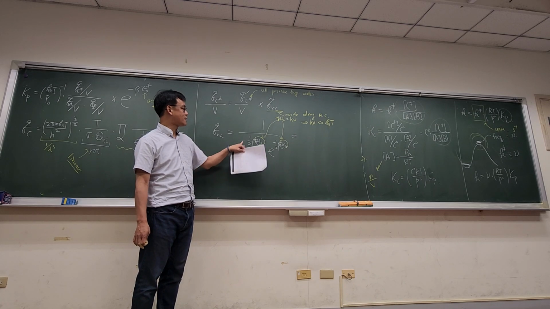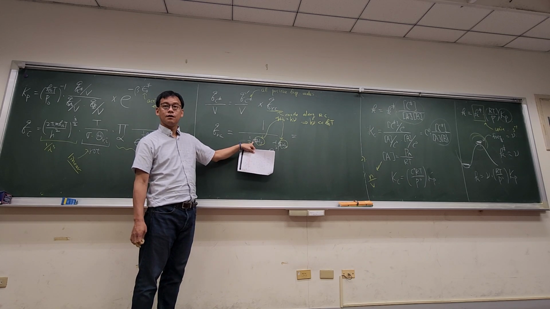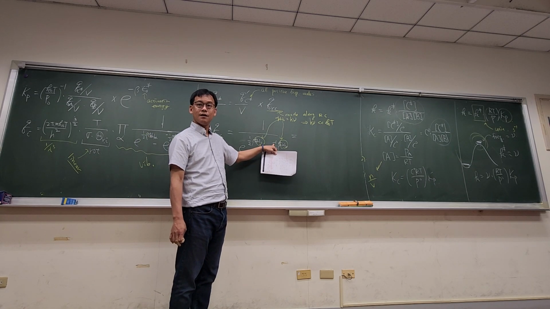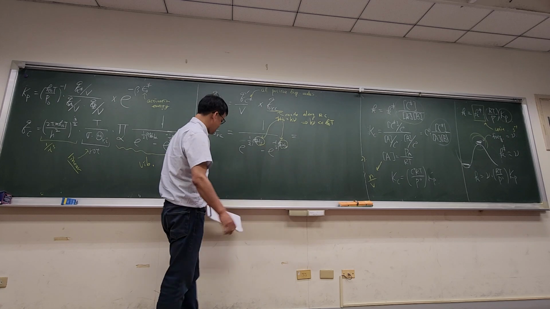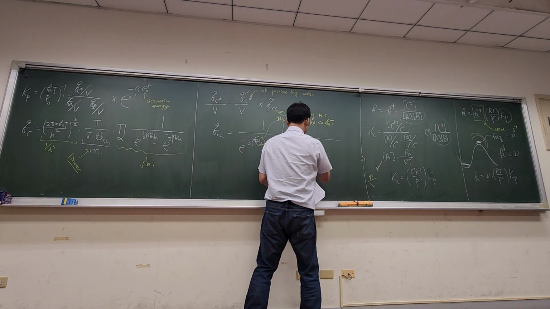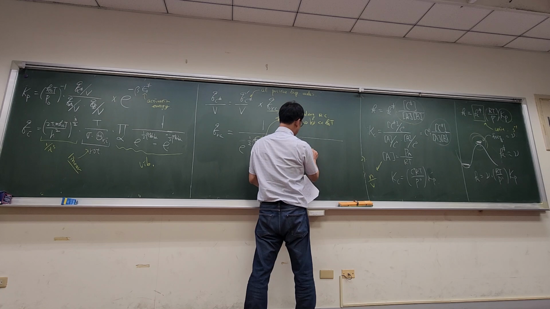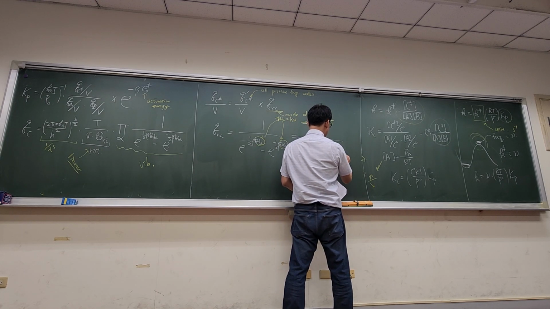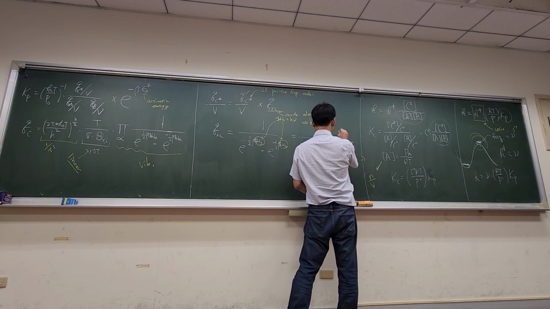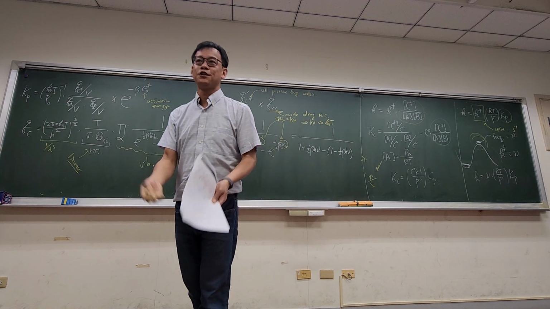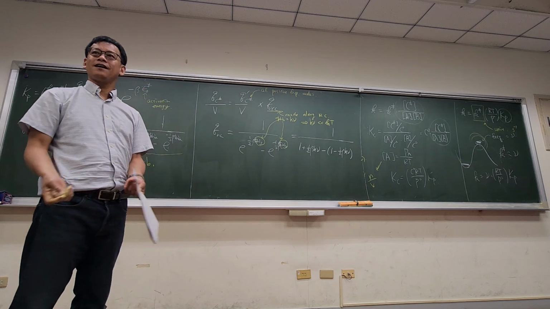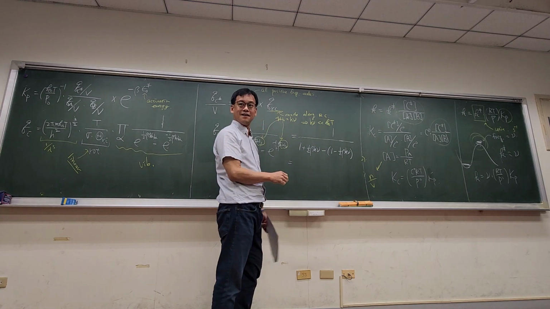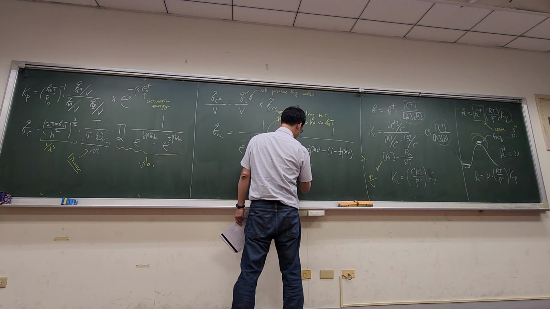So here you have 1 minus half beta h nu. Here you have minus half beta h nu, right? 1 minus beta h nu. Let me do this now. 1 plus half beta h nu minus 1 minus half beta h nu. So you have beta h nu. 1 over beta h nu.